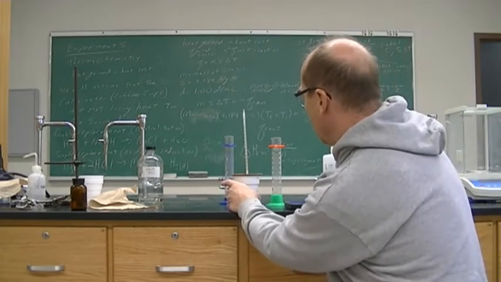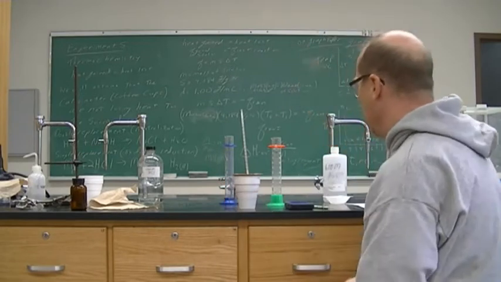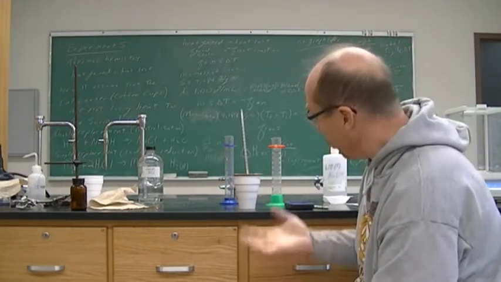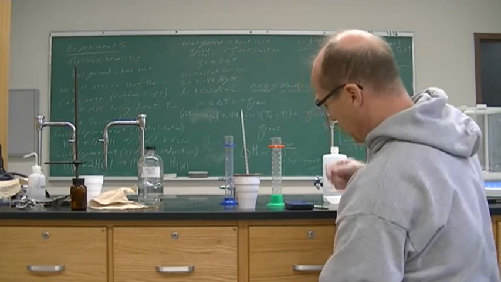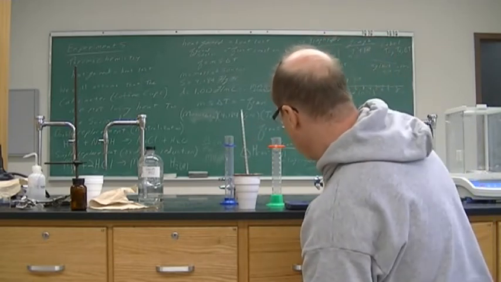All right, and this one is not going to be a simple graph to do because the temperature is not at 25 anymore. It is continuing to rise as the magnesium continues to react.